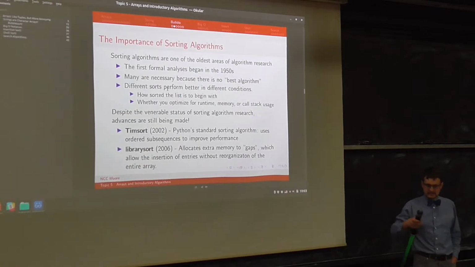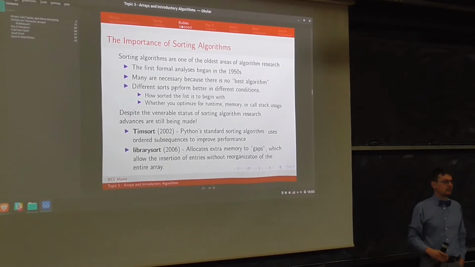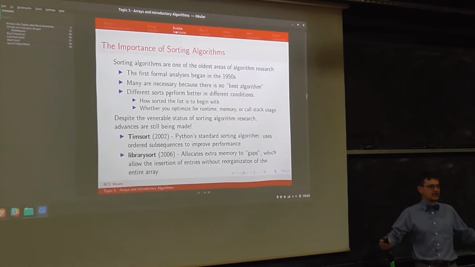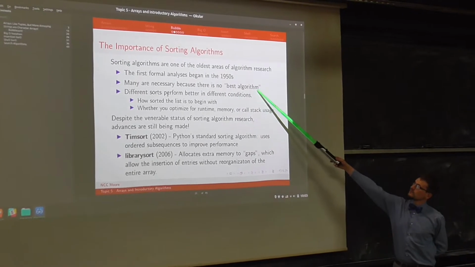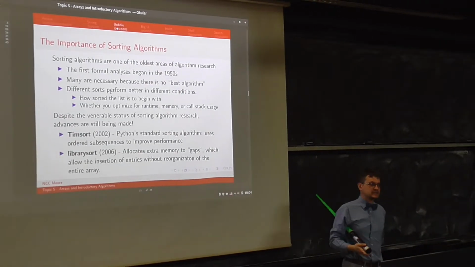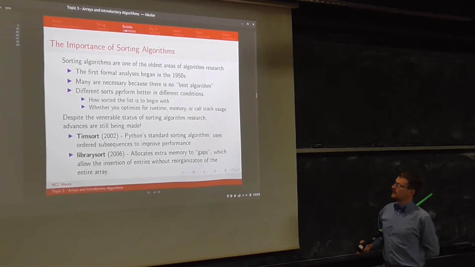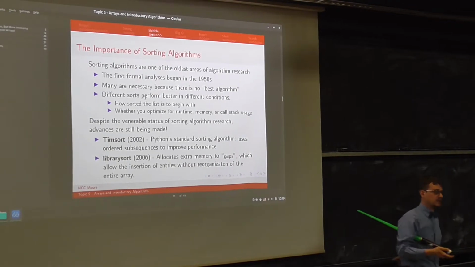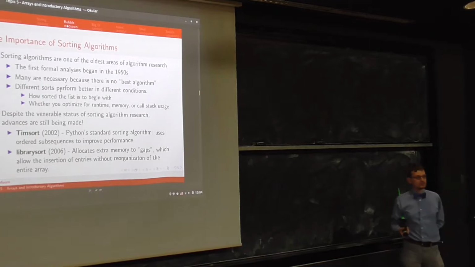And if that's not true these days, it's not because sorting is less important, it's because we have better algorithms now and we don't have to spend as much time doing it, right? The first formal analyses of sorting algorithms began in the 1950s. Many are necessary because there is no quote-unquote best algorithm. All sorting algorithms are better for different purposes, right?